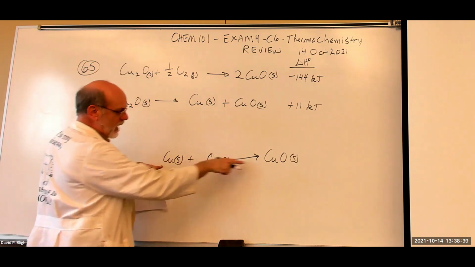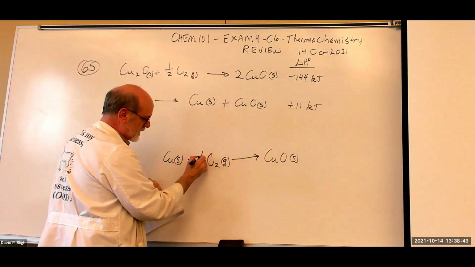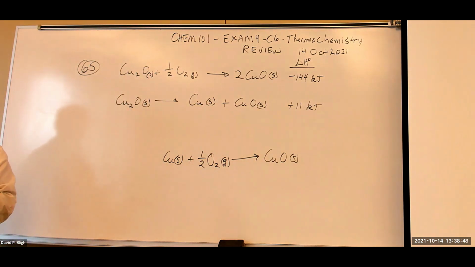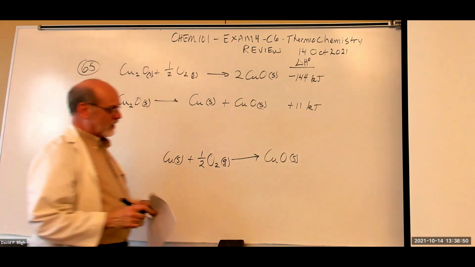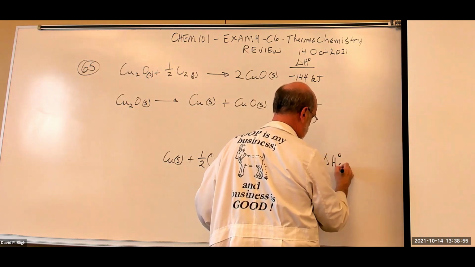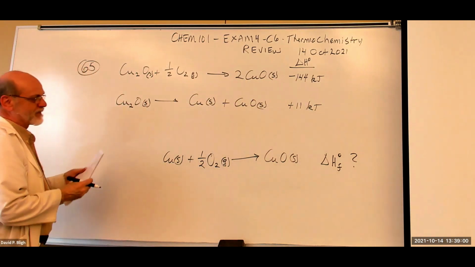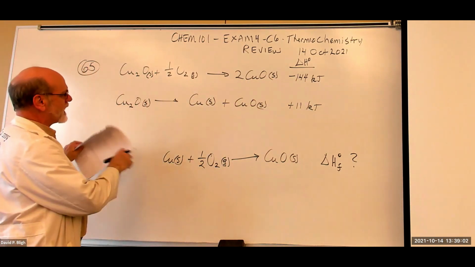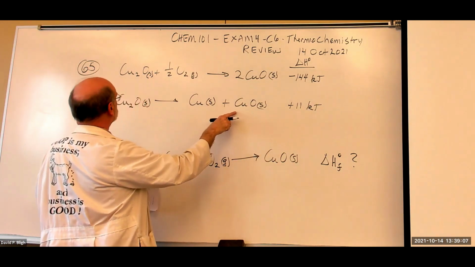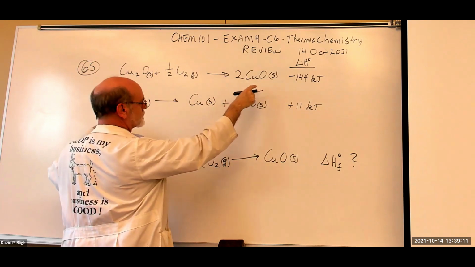Okay, so we've got 1 copper. That one's already good. We need only 1 oxygen. So this needs a 1/2 coefficient to give us 1 oxygen. Now, we want to use those two equations to give us this one. Okay? So, let's see what we got here. Copper oxide is on this side. That's the only place, it occurs in two places.